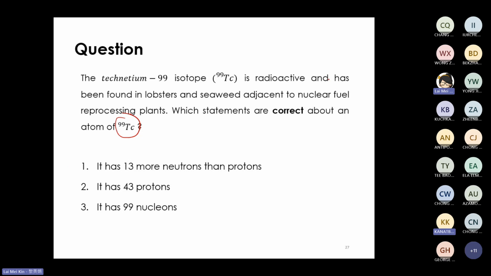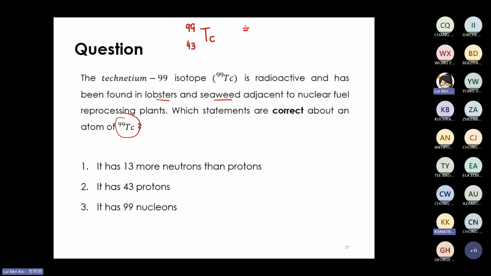Technetium 99 is radioactive, has been found in lobster and seaweed. Which statements are correct about technetium 99? Can we complete this first? What's the proton number for technetium? 43.